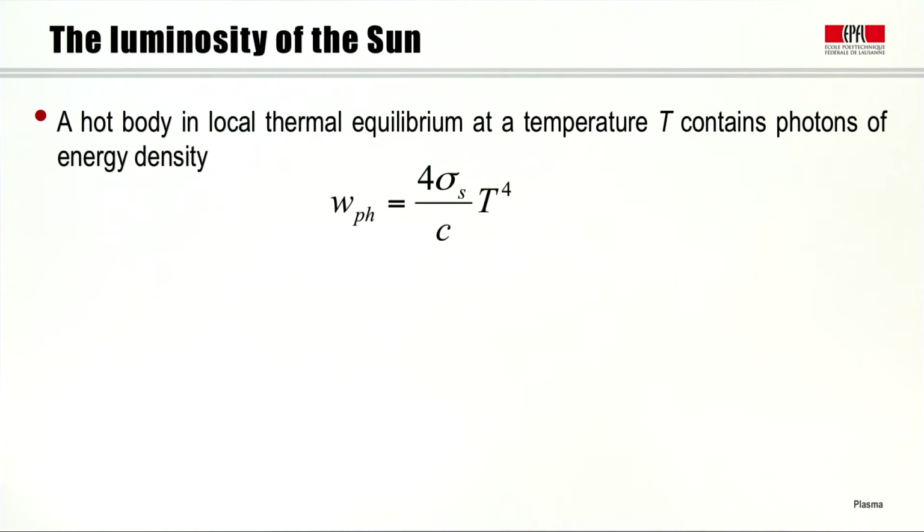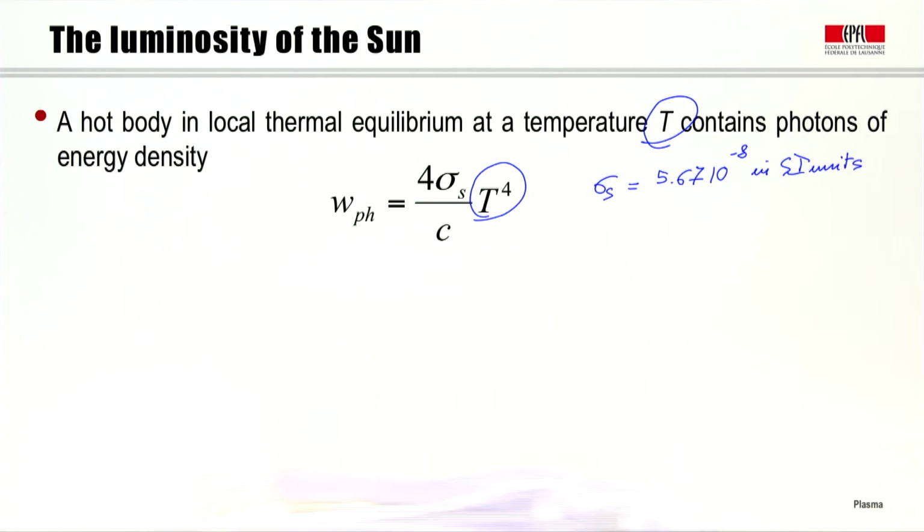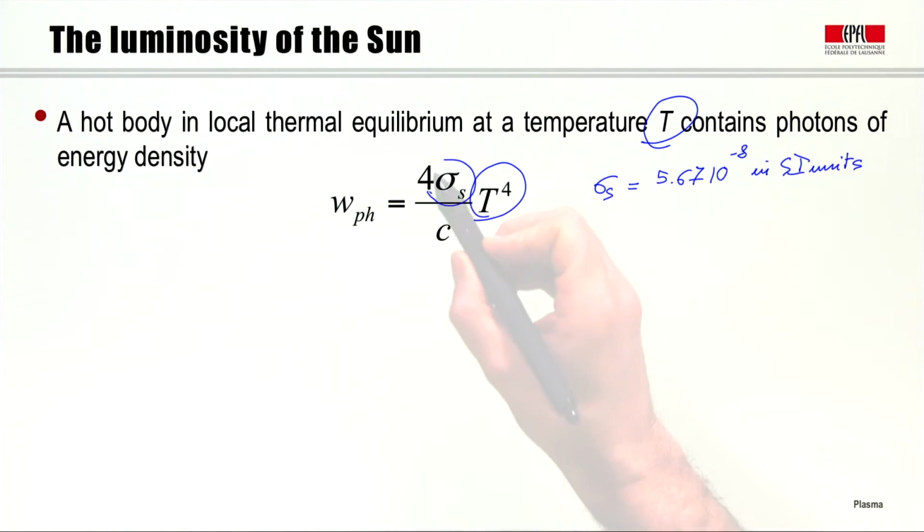A hot body in local thermal equilibrium at a temperature T contains photons which possess an energy density expressed by this formula. The energy density of the photons depends on the fourth power of the local temperature. This constant, sigma s, is the so-called Stefan-Boltzmann constant, which has this value in SI units.